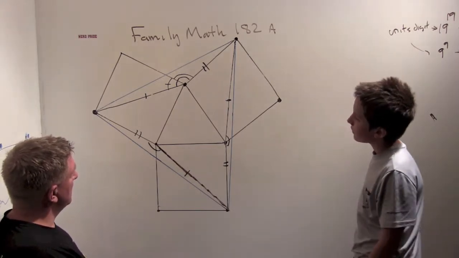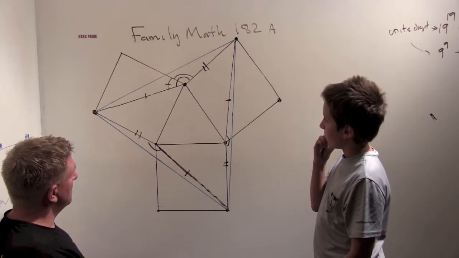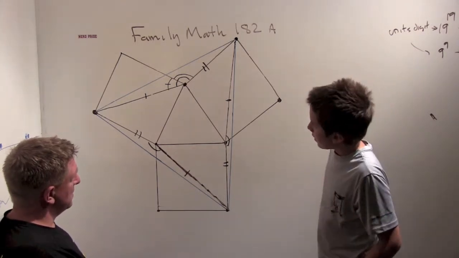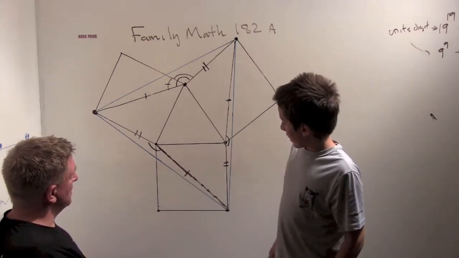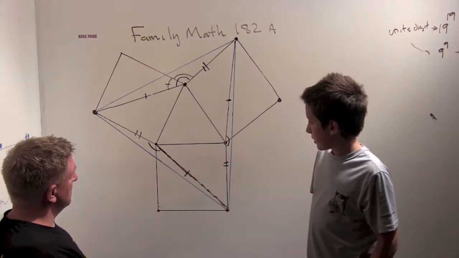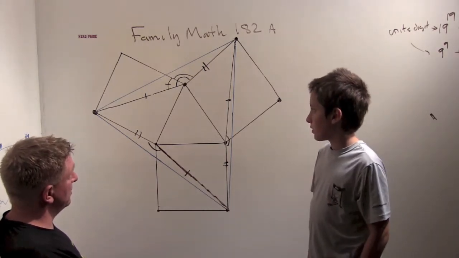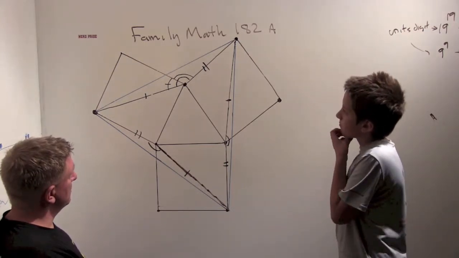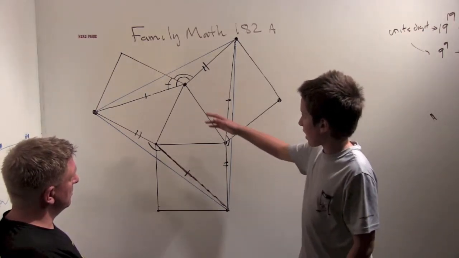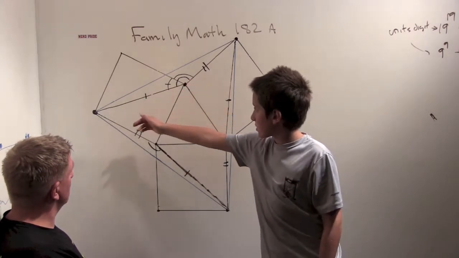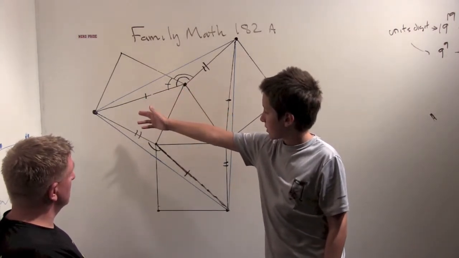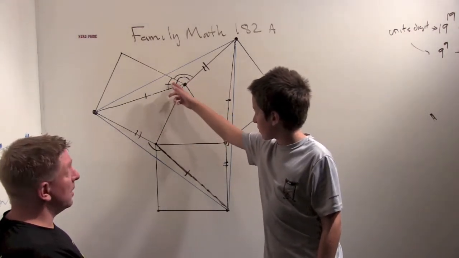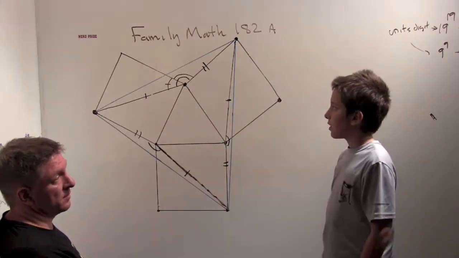Well, I think it's going to have some other angles that are equal to it. Okay, that's true. It will. And this diagonal bisects this angle. Oh, interesting. How come?